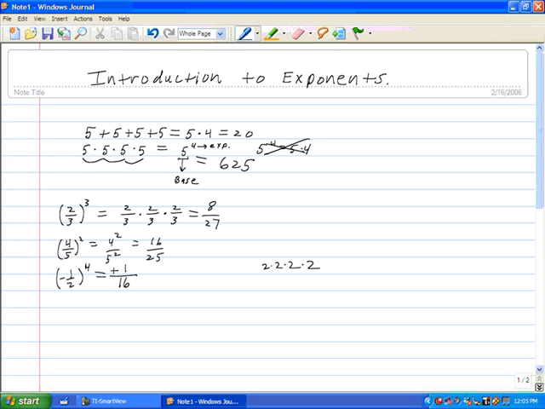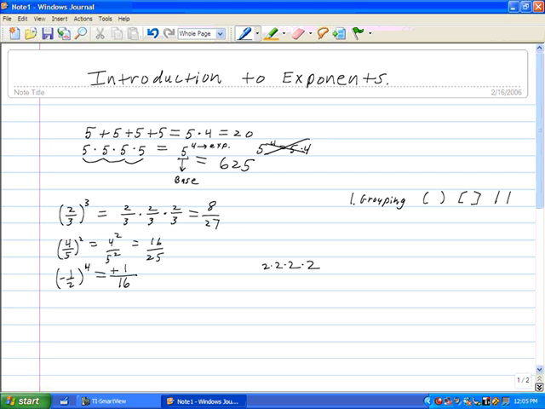Now we need to think about with our exponents where they fit into the order of operations. Let's just go back over this real quickly. Order of operations says grouping symbols first. That would include your parentheses, your brackets, even your absolute value. Alright, so grouping symbols come first.